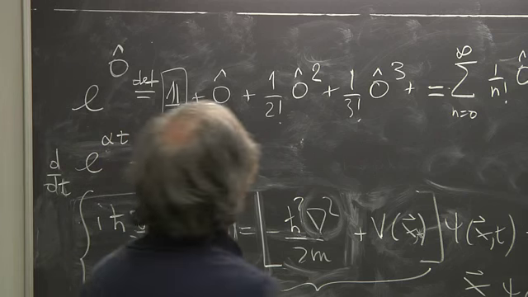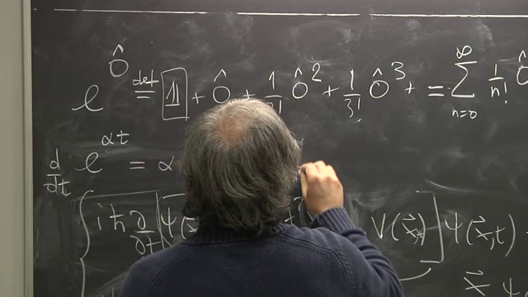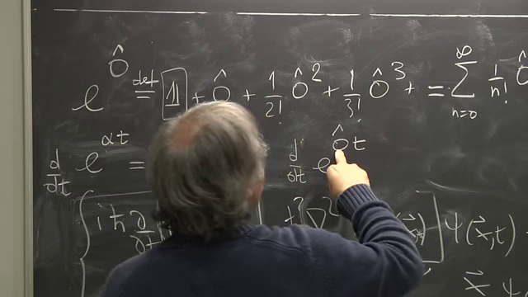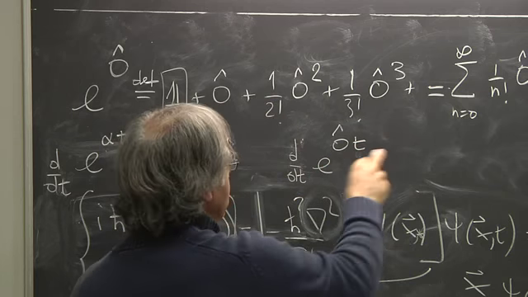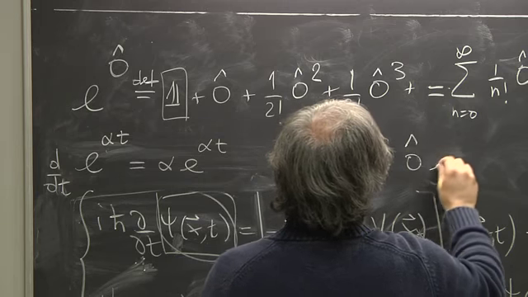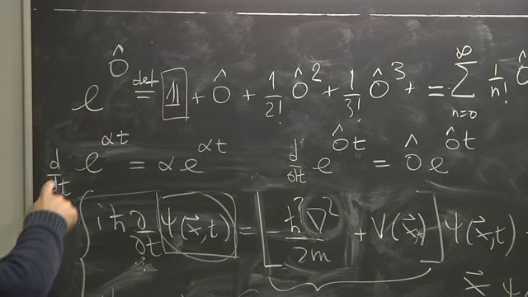And luckily enough, this is still true even there. So if I have the derivative with respect to time of the exponential of operator O times t, then this is still equal to O e to the Ot. Okay? Like the usual thing. So bring down the operator.